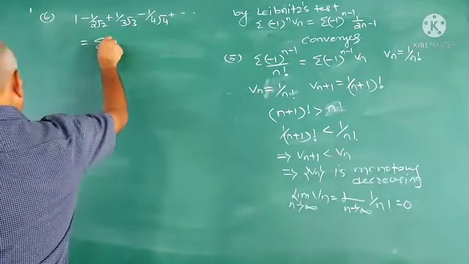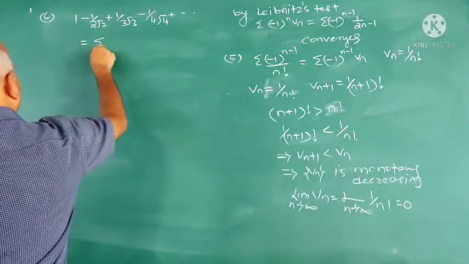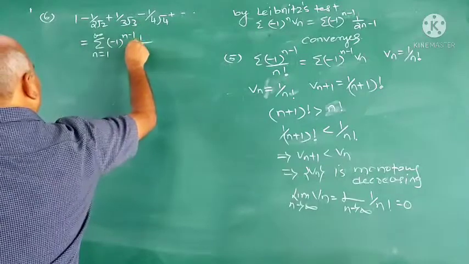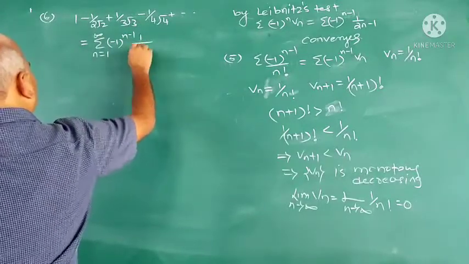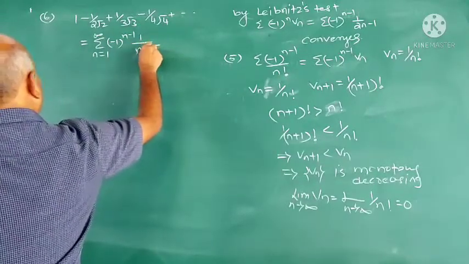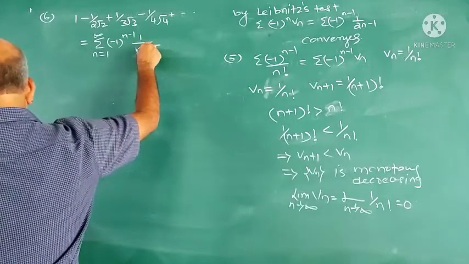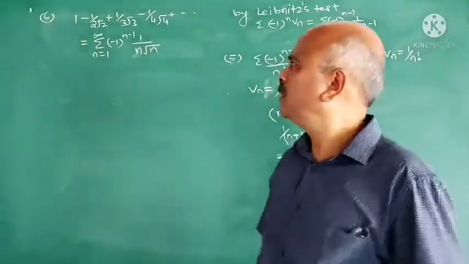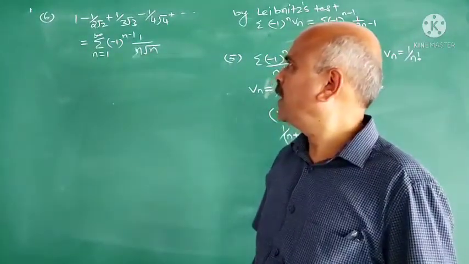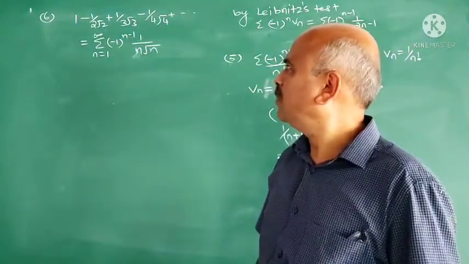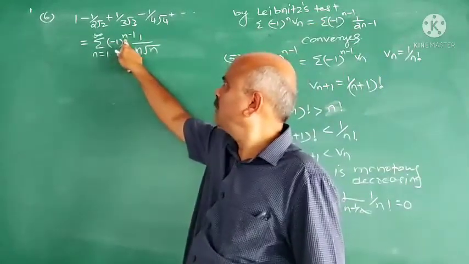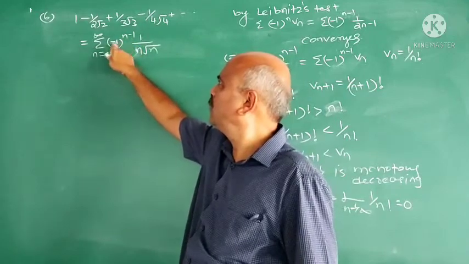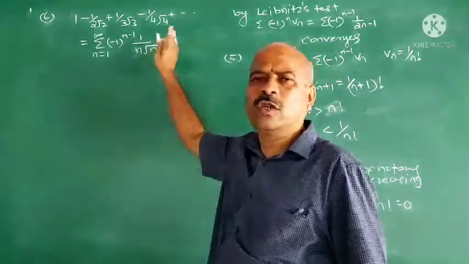It is equal to sigma n is equal to 1 to infinity minus 1 raised to n minus 1 1 upon n root n. This is the series. Take n is 1, first term, 2, you will get minus 1 upon 2 root 2. 3 gives plus sign 3 root 3 and so on.